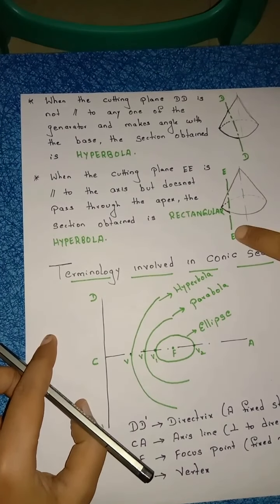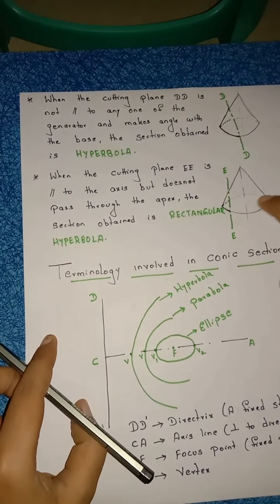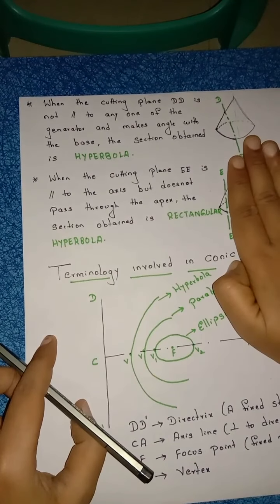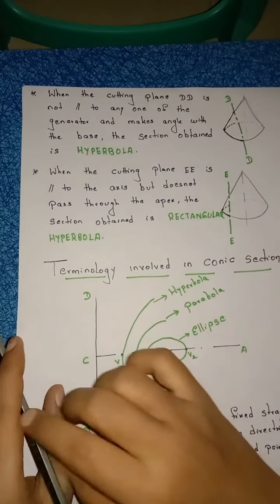If the sectional plane is exactly parallel to the axis, removing this portion gives a rectangular hyperbola.